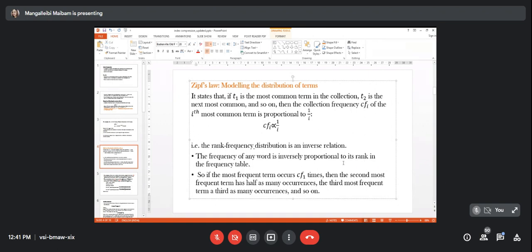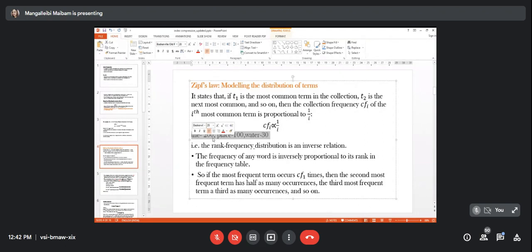For example, let me write here: if "the" occurs 200 times in a document, next "place" occurs 100 times in a collection, and suppose another one, "water", occurs 30 times in a document.